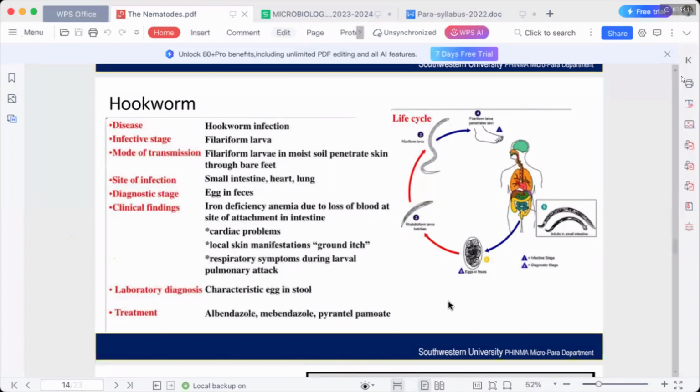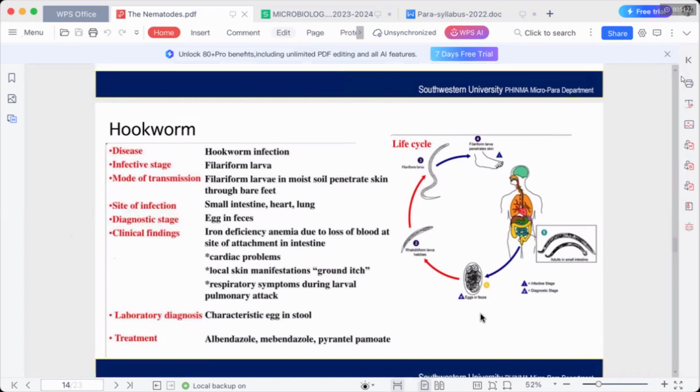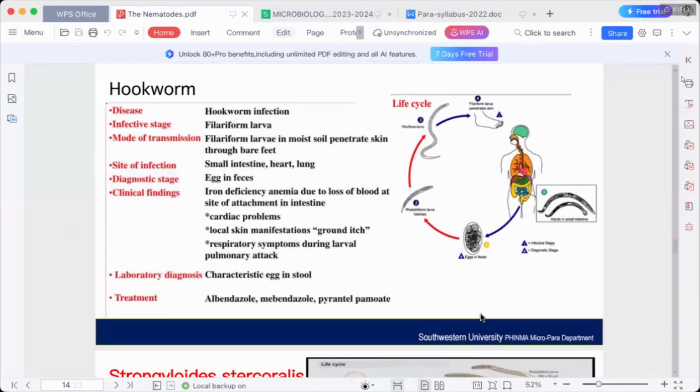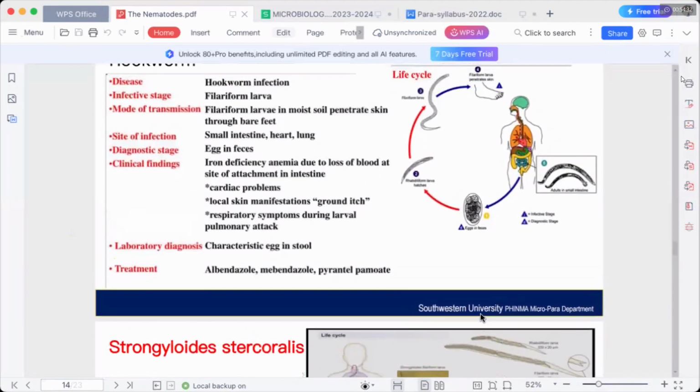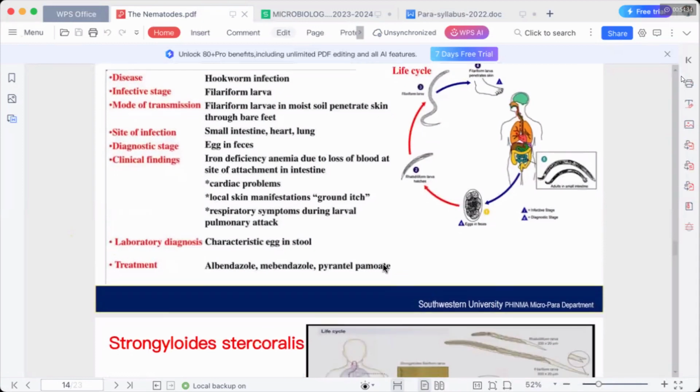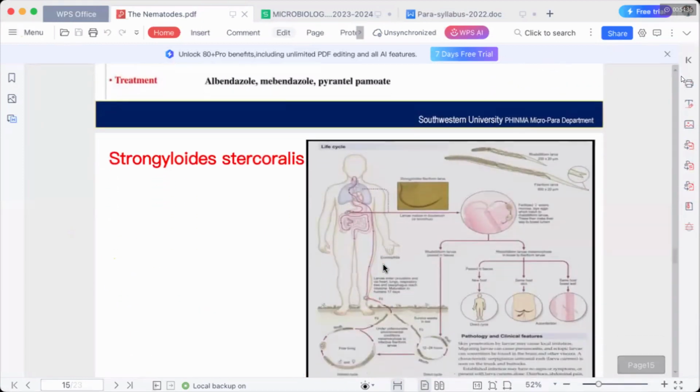They don't know if it's ascaris or hookworm, but for them it's the same parasite. We give the same treatment: albendazole, mebendazole, and pyrantel pamoate. It is proven really effective, and there's no new drug because these drugs are already effective for parasitic infection.